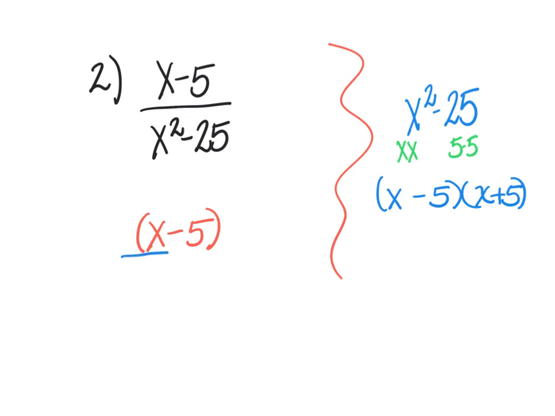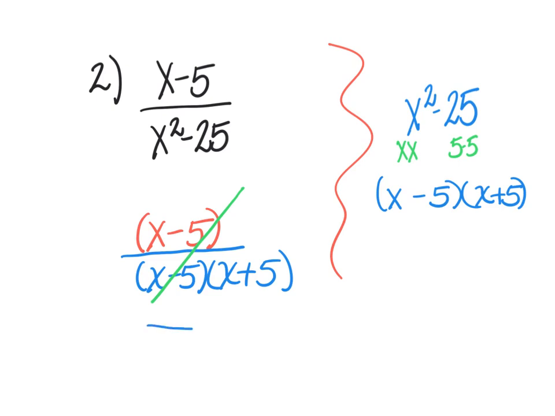All right, so now I'm going to put that back into my fraction. Now that I've factored, I get to look for common factors. Well, I see that both the numerator and the denominator share an x minus 5. So I'm going to cancel that common factor. That leaves me with x plus 5 in the denominator.